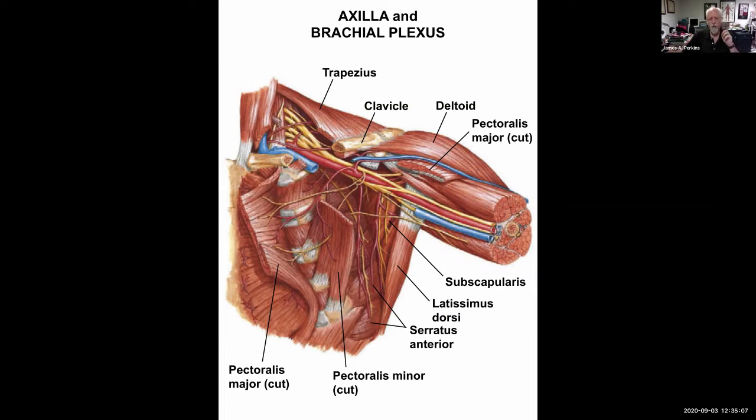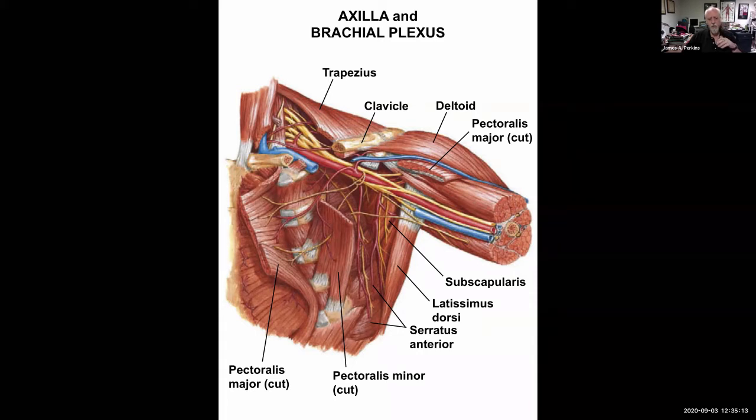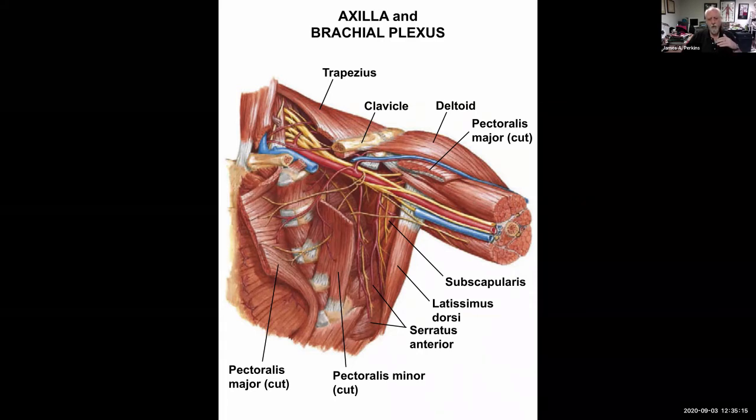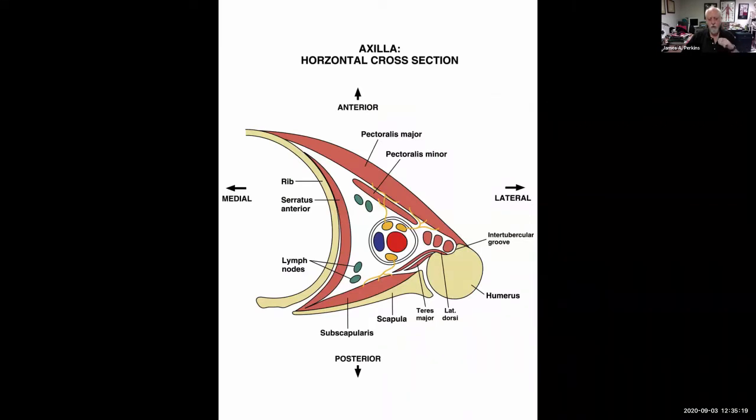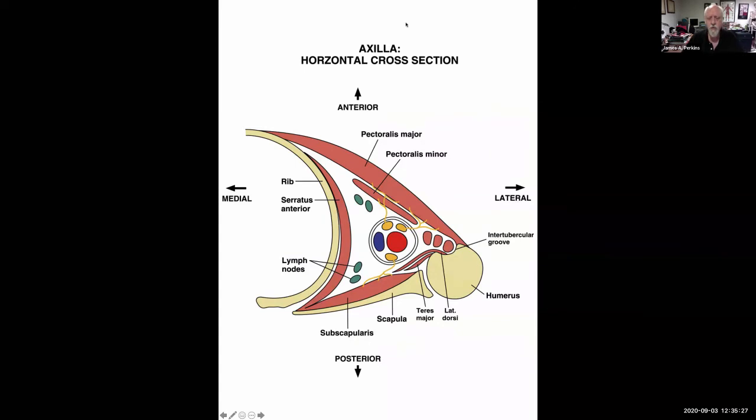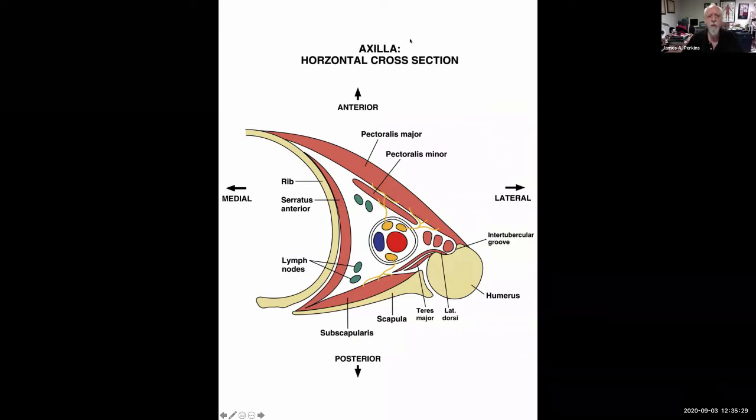These boundaries are a little bit easier to understand if you look at a cross-sectional view of the axilla. So the next slide is a horizontal or axial cross-section through the axilla. And maybe now it's easier to visualize this space lying between these different structures.